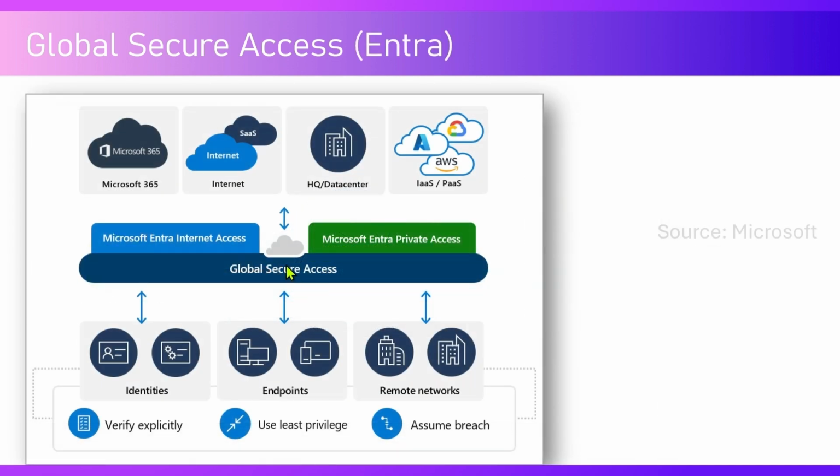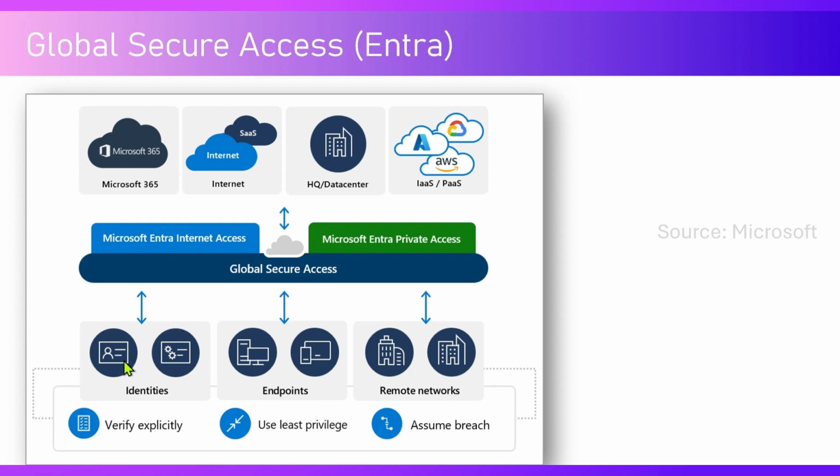Now, this is global secure access for Entra. Microsoft 365 services, internet-based applications, software as a service from different vendors, your own private data centers or headquarters, and infrastructure as a service from Azure Cloud, AWS Cloud, and Google Cloud all pass through a layer. There are two aspects to this: Microsoft Entra Internet Access and Microsoft Entra Private Access.